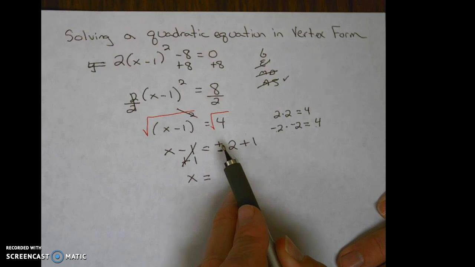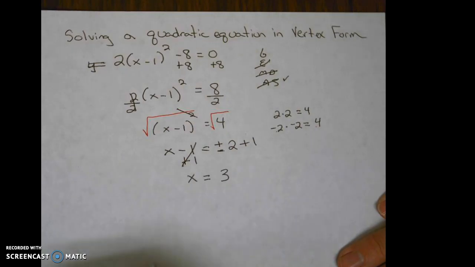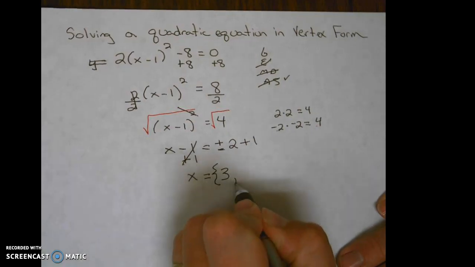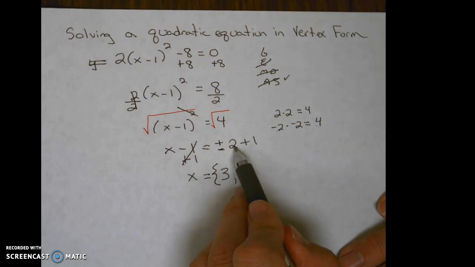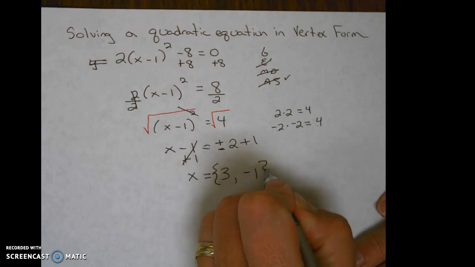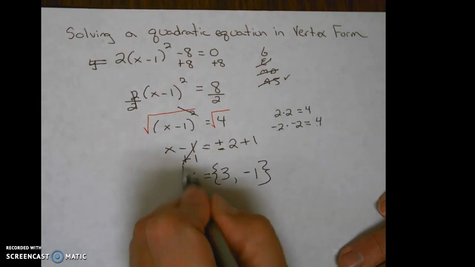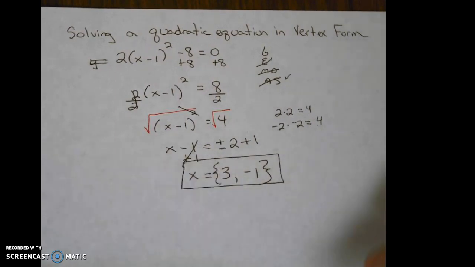So start with the positive 2. Positive 2 plus 1 is 3. That's going to be one answer. The other answer, using the other sign, negative 2 plus 1, is negative 1. And there are your 2 rational solutions.